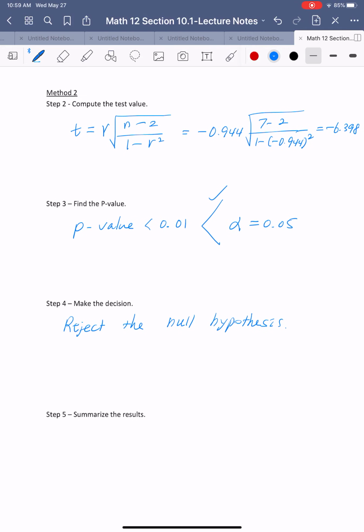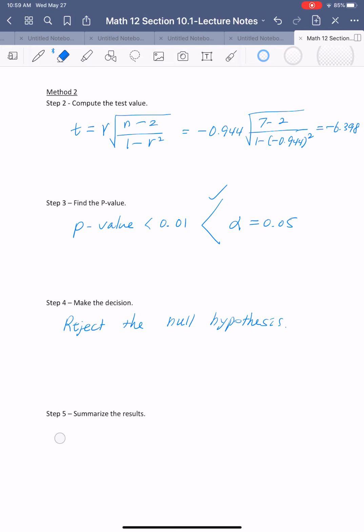Because of that, we get the same thing. There is sufficient evidence to support a significant linear relationship between the number of absences and final grades.